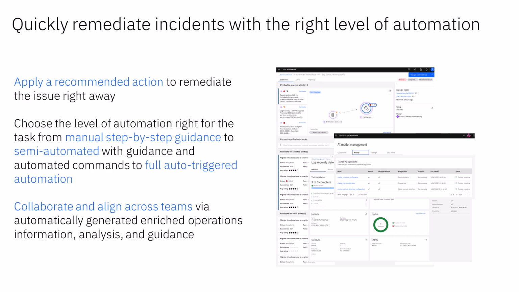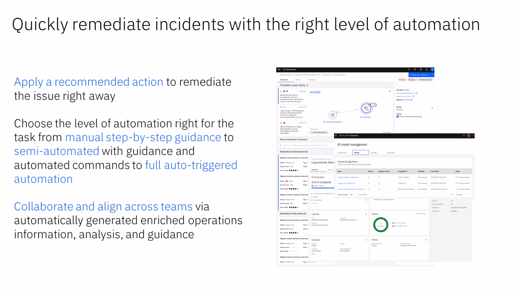It's not enough just to understand the incident, where it started, and so forth. Cloud Pak for AIOps can help you remediate incidents with the right level of automation. So it can apply a recommended action to remediate the issue right away. So clients can choose the level of automation that's right for the task.